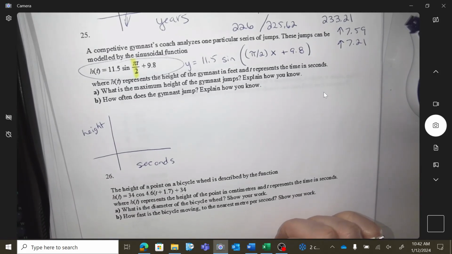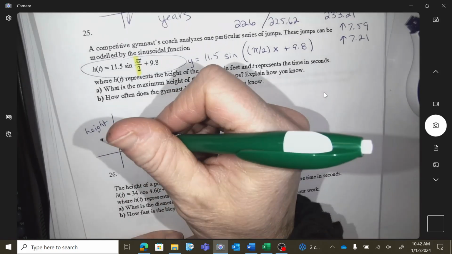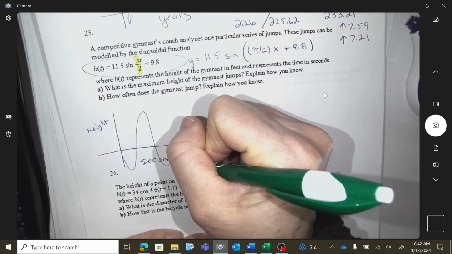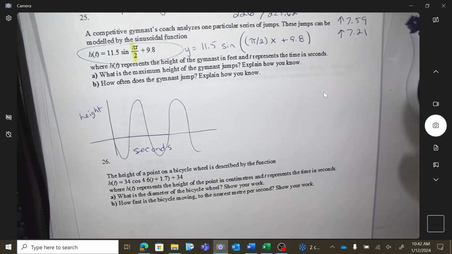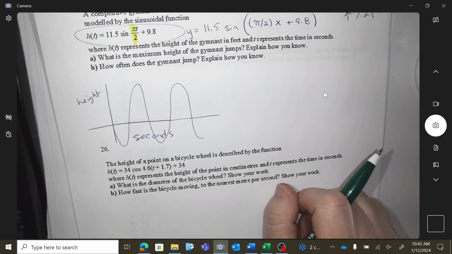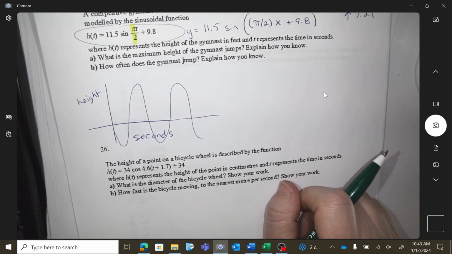Did anybody try a Zoom 6? Are you getting something like that?